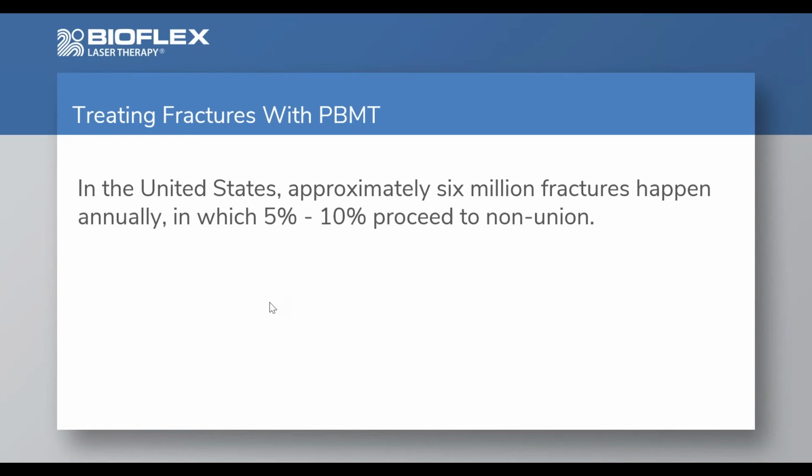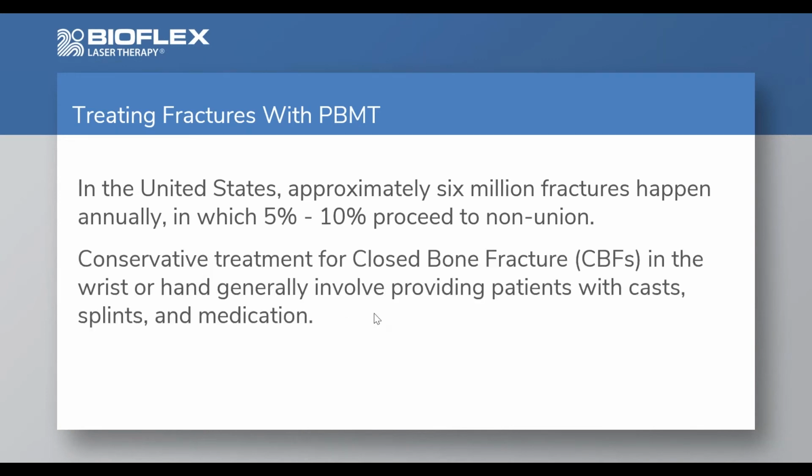In the United States, there are approximately 6 million fractures annually. That's a lot, of which, as I mentioned, up to 10% proceed to non-union. Common fractures, like in the elderly, are the hip fracture or wrist fracture particularly. The wrist fracture is an easier one to deal with because it's relatively superficial, and sometimes you can get away with a splint if it's not a displaced fracture.